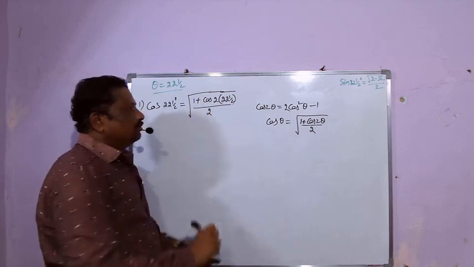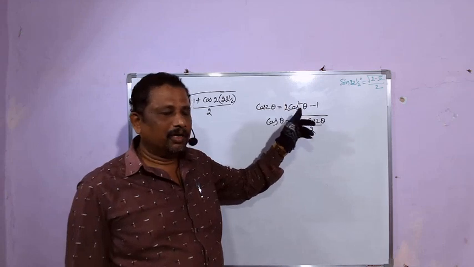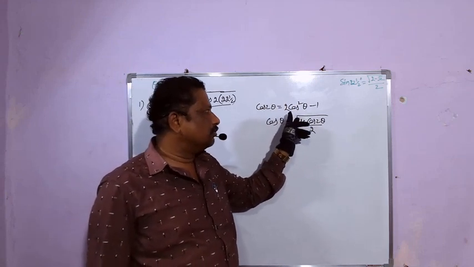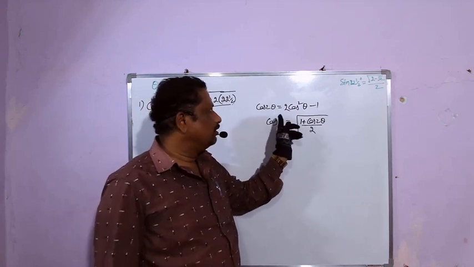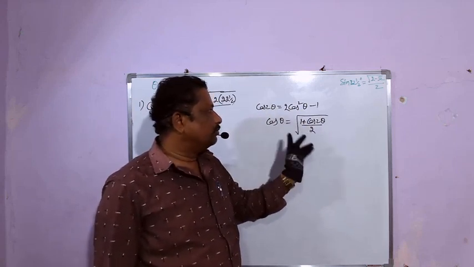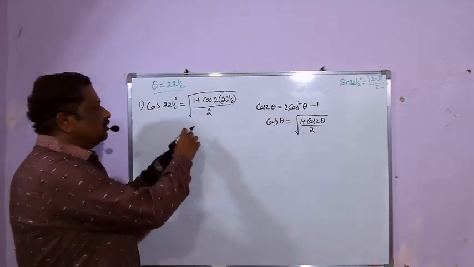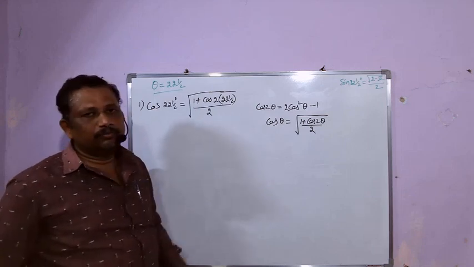So carefully observe, cos 2 theta is equal to 2 cos square theta minus 1. If you write cos theta as the subject, it is under root of (1 plus cos 2 theta) by 2. Same thing as substituted: under root of (1 plus cos 2 into theta, 22.5 degrees) by 2.